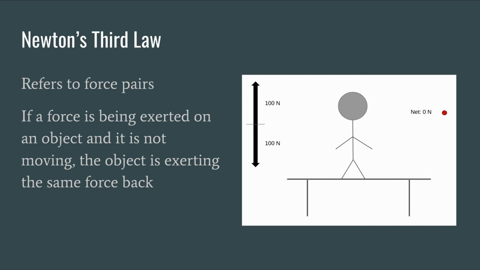If we have a balanced force, there is no acceleration happening. If we have an unbalanced force, then there is. So that means if the person was exerting more force on the table than the table was exerting back, they would be falling straight through the table. Or if the table somehow was exerting more force on the person, then they would be flying up to space.